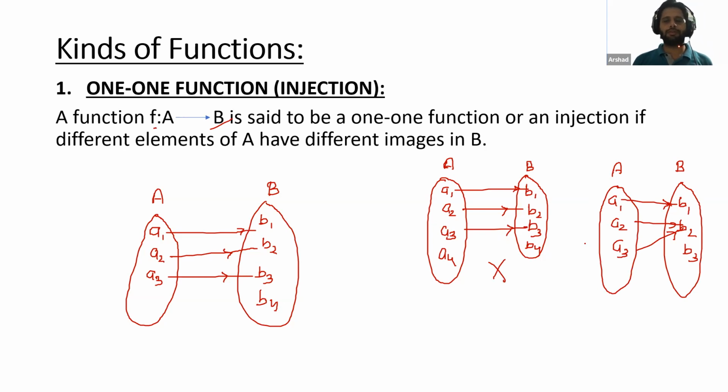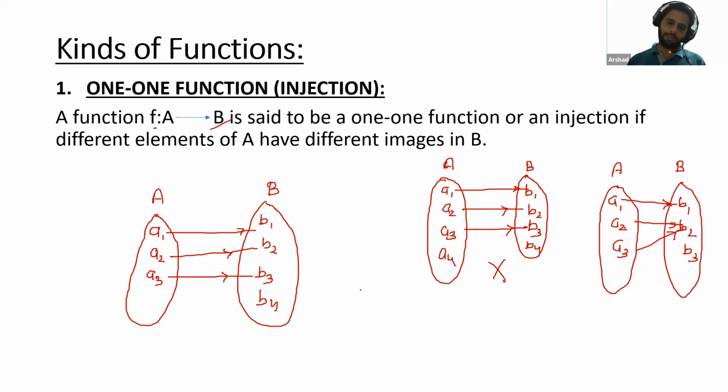No, very good. What is the reason, Noma? Because A2 and A3 have the same image. Very good. As per the definition, different elements should have different images. But if you see here, A2 and A3 have the same image. That's why this is not a one-one function.